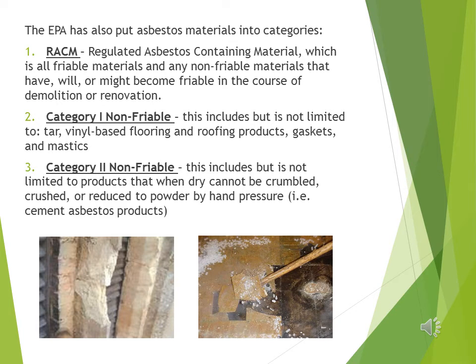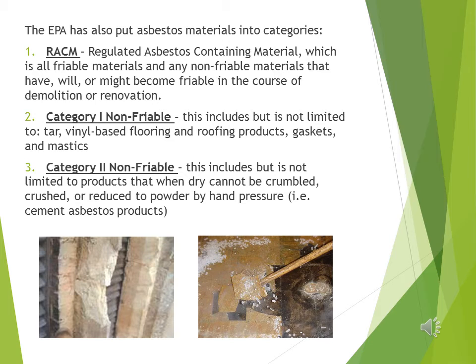The EPA has also put asbestos materials into categories. RACM, also known as regulated asbestos-containing material, is all friable materials and any non-friable materials that have, will, or might become friable in the course of demolition or renovation.